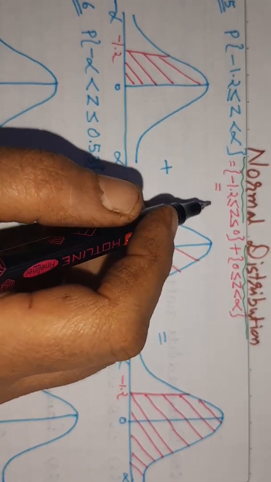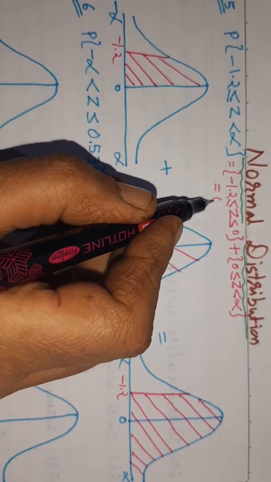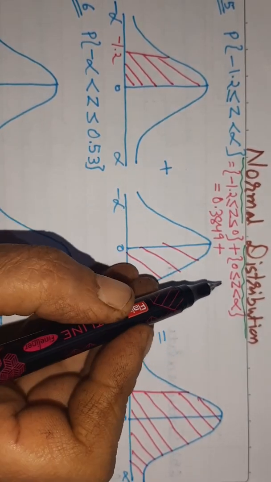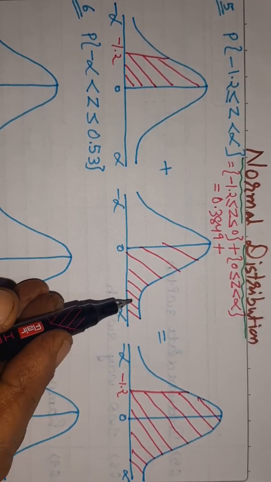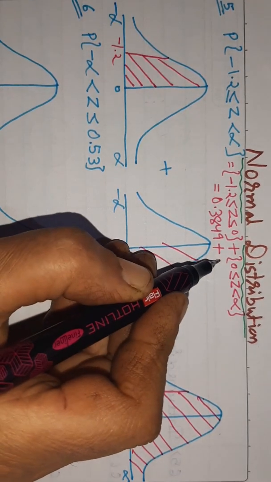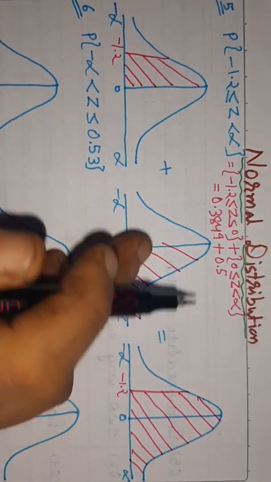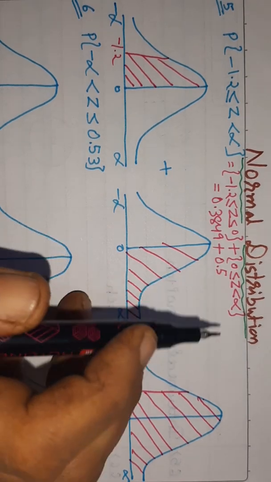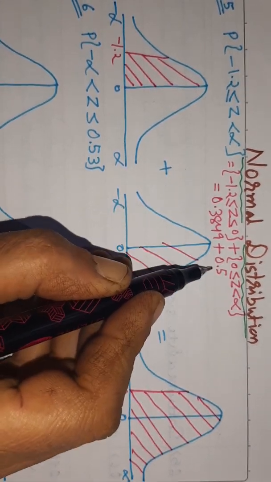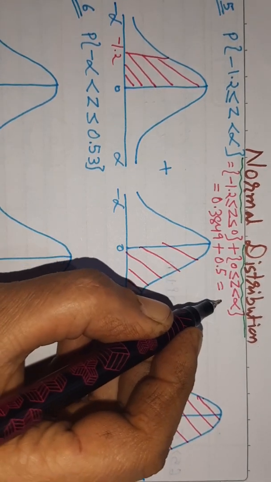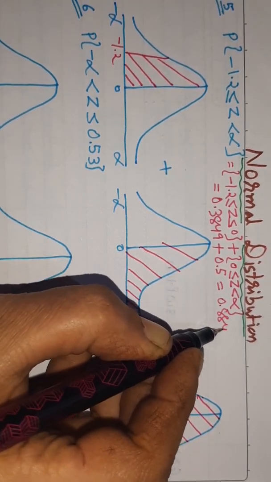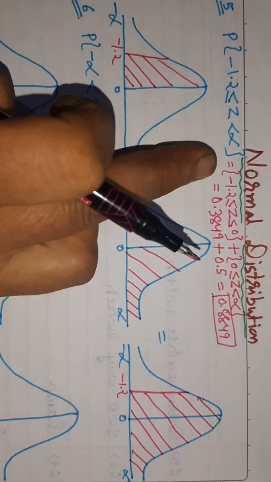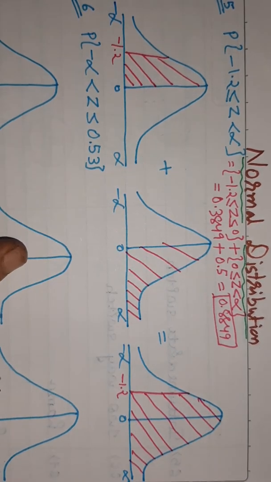This value of 1.2 to 0 is 0.3849, plus 0 to infinity, which we already discussed is 0.5. The total area on each side, left as well as right, is 0.5. So it's 0.3849 plus 0.5, that is 0.8849. So this is the area between minus 1.2 and infinity.